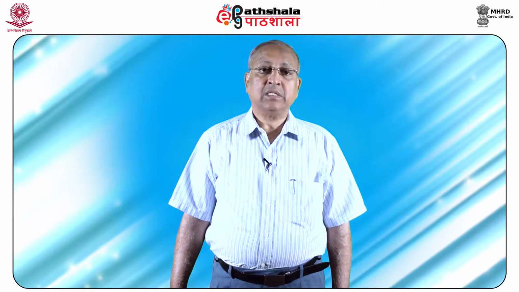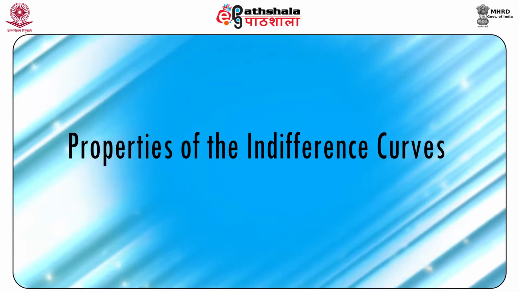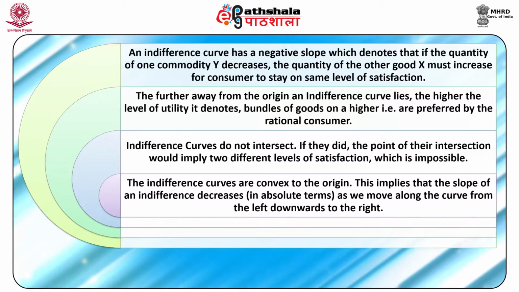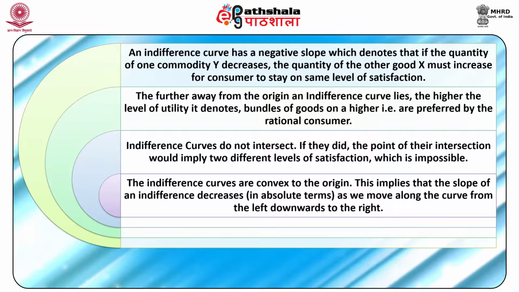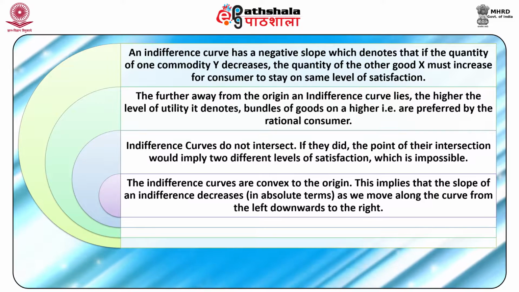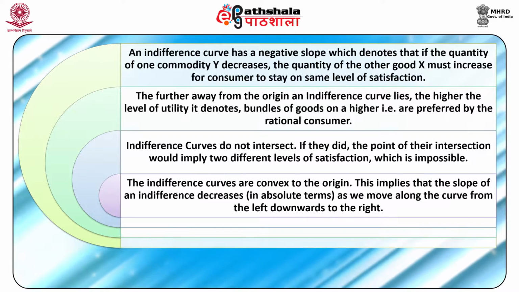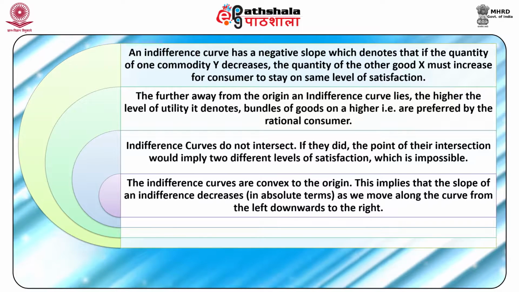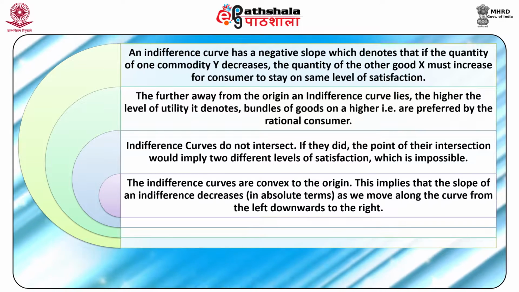So now let us, on the basis of these assumptions, look at the properties of indifference curves. An indifference curve has a negative slope, which denotes that if the quantity of one commodity decreases, then the quantity of the other commodity would increase and vice versa.